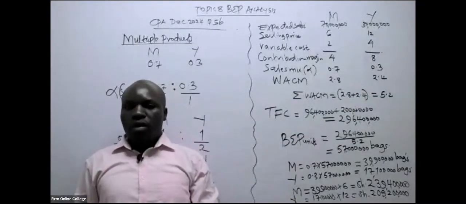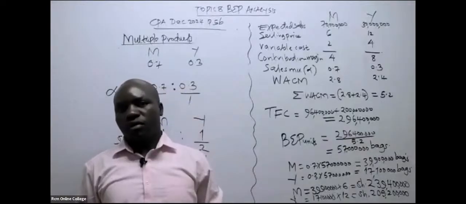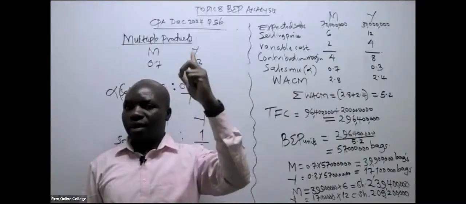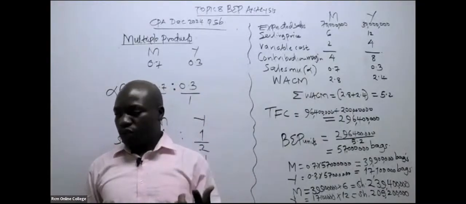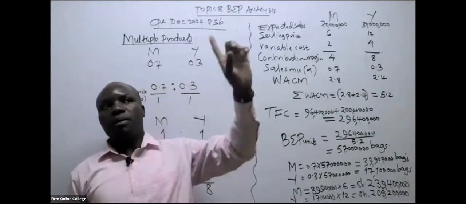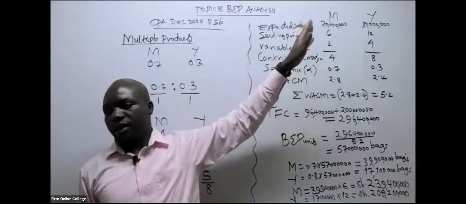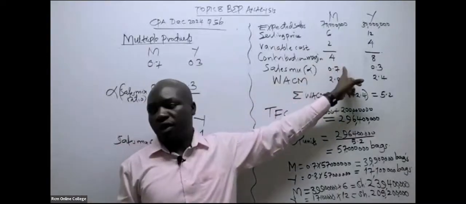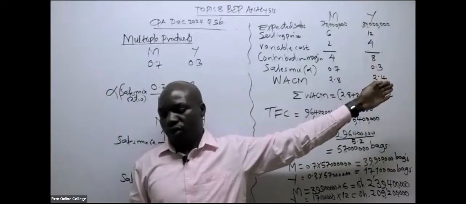Now, if I am not given the sales mix ratio, I have to look for the expected sales to give me the sales mix ratio. Remember, in this question, the first part of it, you are not given the sales mix ratio, but you are given what we call expected sales or budgeted sales. So by use of budgeted sales, we were able to get the sales mix ratio of 0.7 and 0.3.